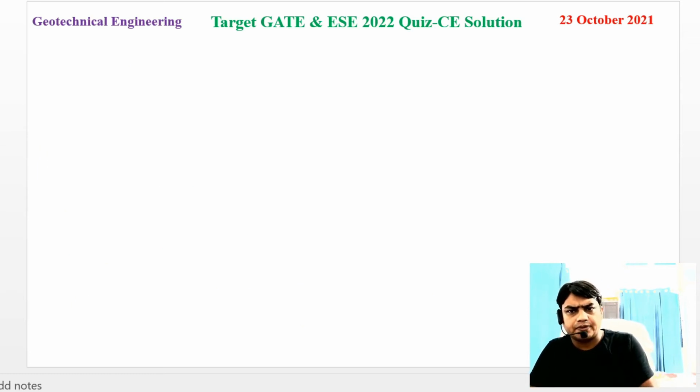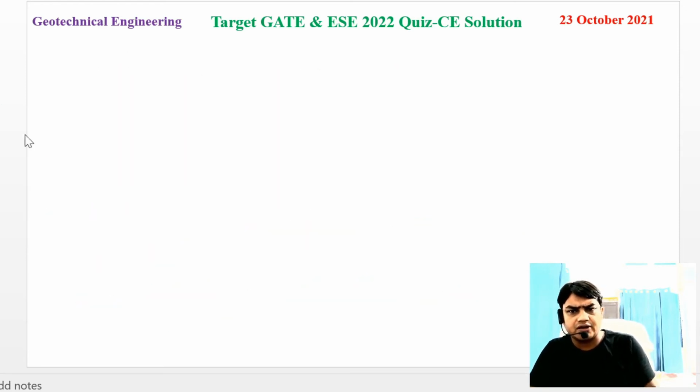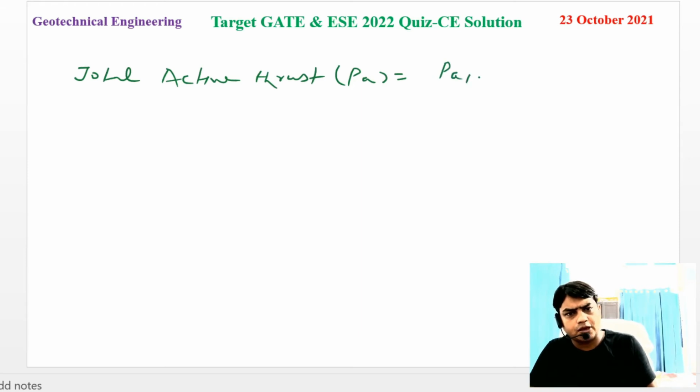So now the total active thrust, that is PA1, PA2, PA3 and PA4, can be computed. Total active thrust PA can be computed as PA1 plus PA2 plus PA3 plus PA4.